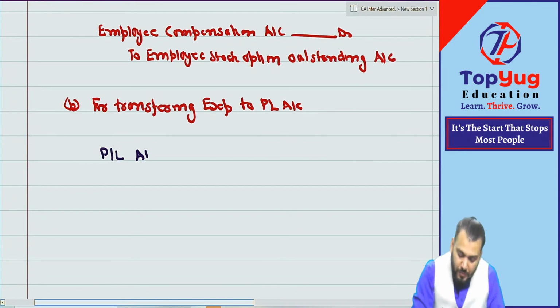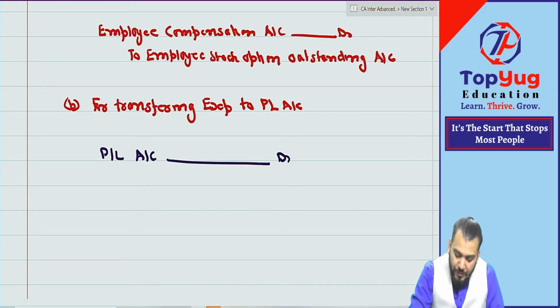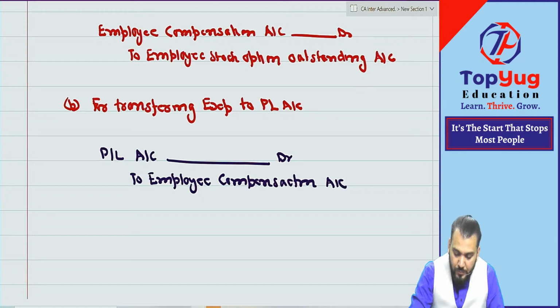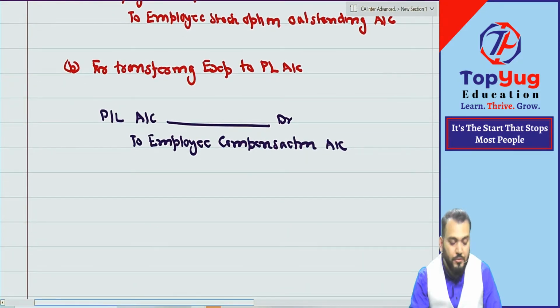Profit and loss account debit to employee compensation account. Got it? Simple.